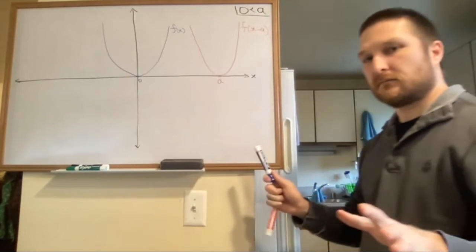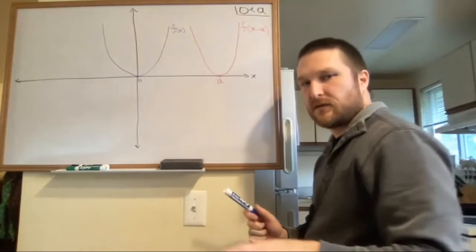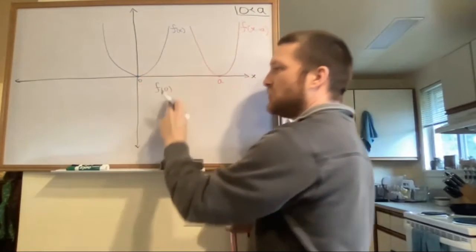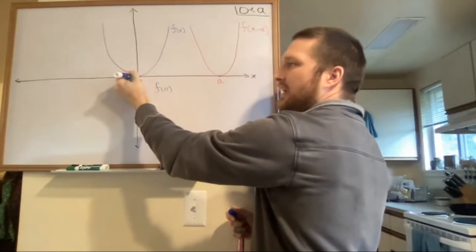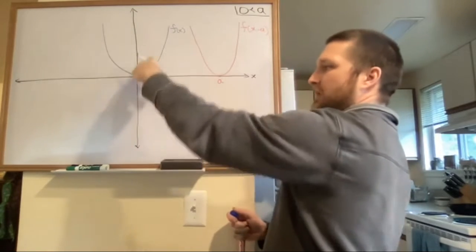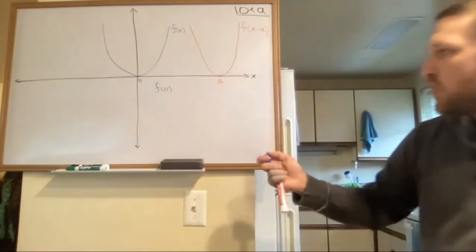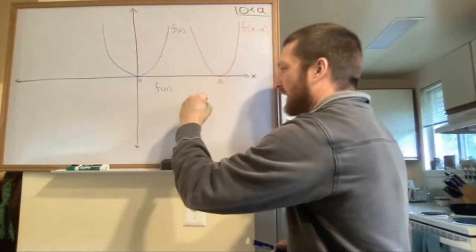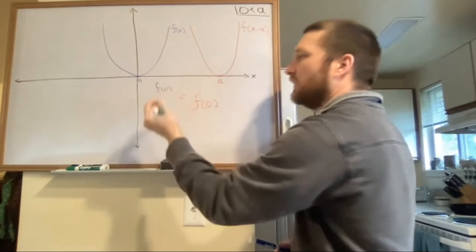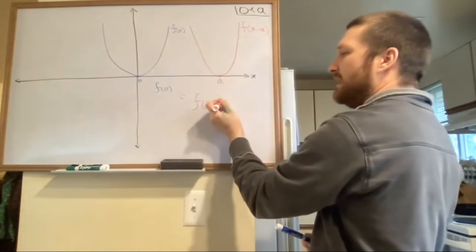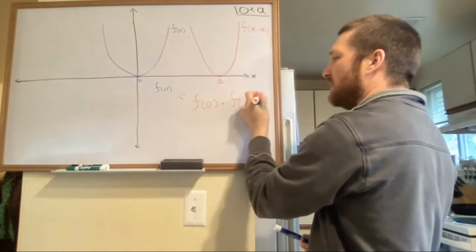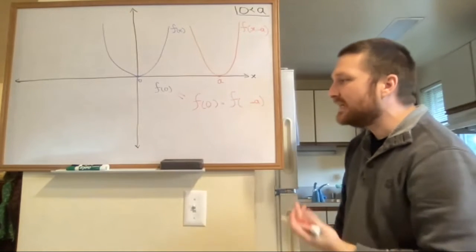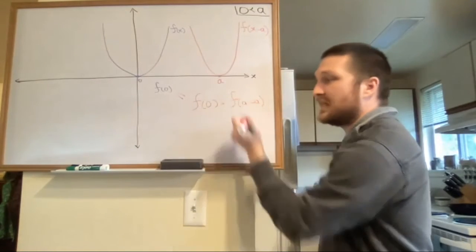Just to be clear, let's remember why this was the case. It used to be that when I plugged in a 0 into f, I got out a 0 as my height, right? Well, it's still true that f of 0 will still be equal to that, you'll still get the same height. But now all we've done is rewrite it as minus A, and so the input value we need has to be A. You did that one earlier.